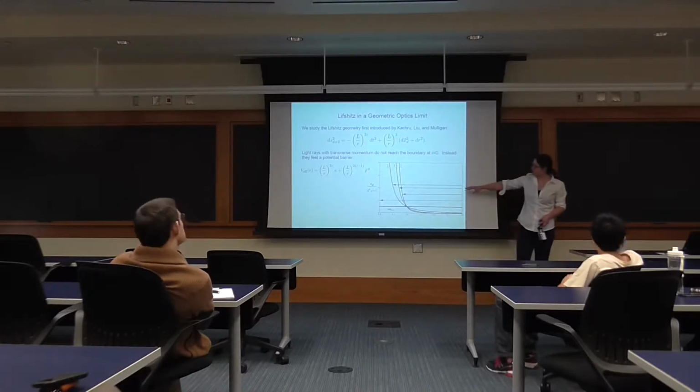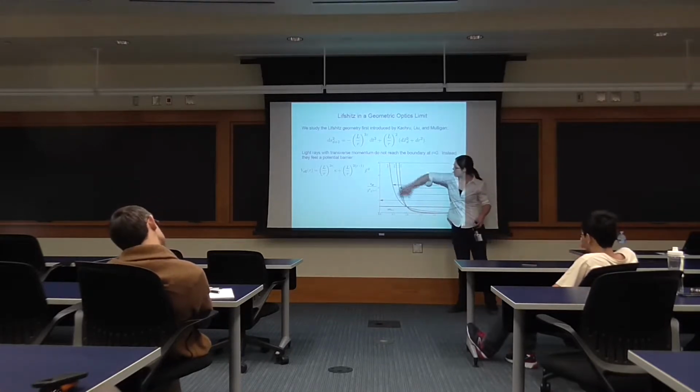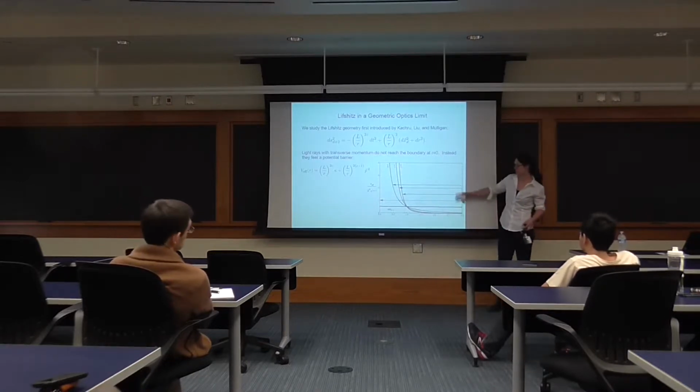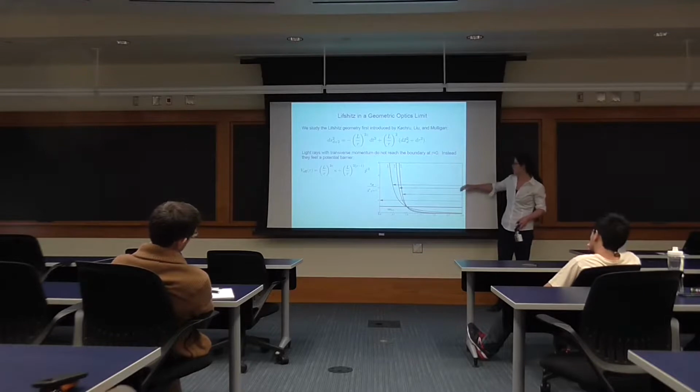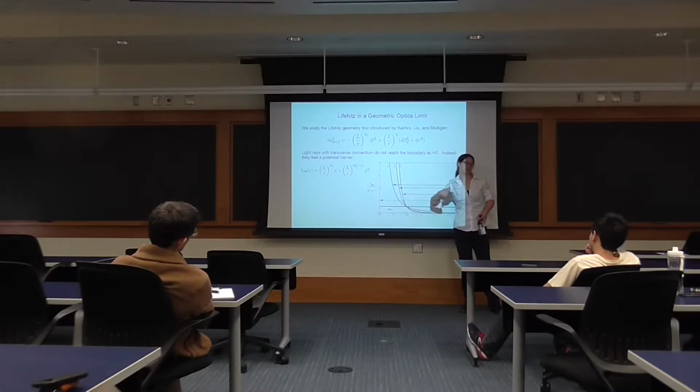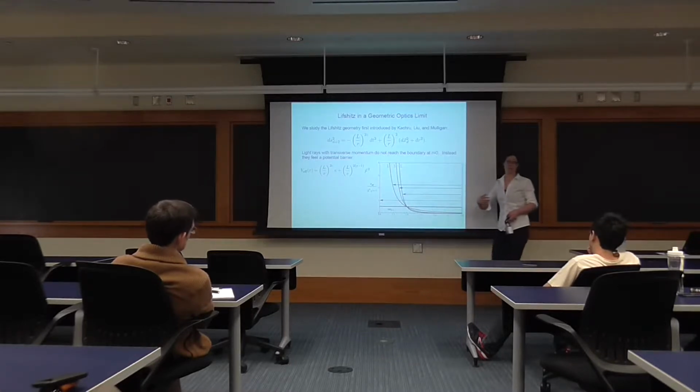Whereas for all of these Lifshitz spacetimes, here I've graphed the potential for z equals 2, z equals 3, and z equals 4, for some value of p. No matter what energy you send in, if you have some non-zero transverse momentum, you end up having to have that light ray turn around before it hits the boundary.